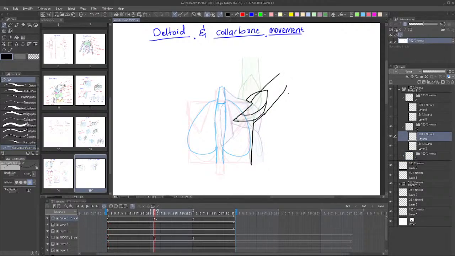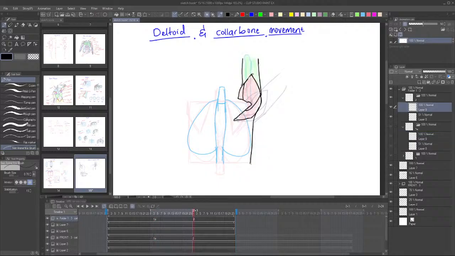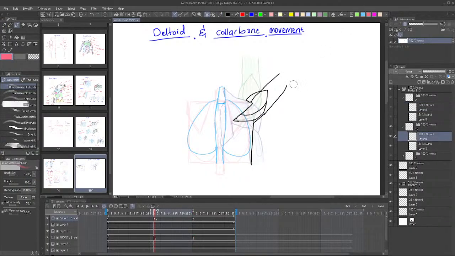So this pointy part, see, it's coming at the back with this one. So yeah, those are the important landmarks you need to keep in mind when animating.